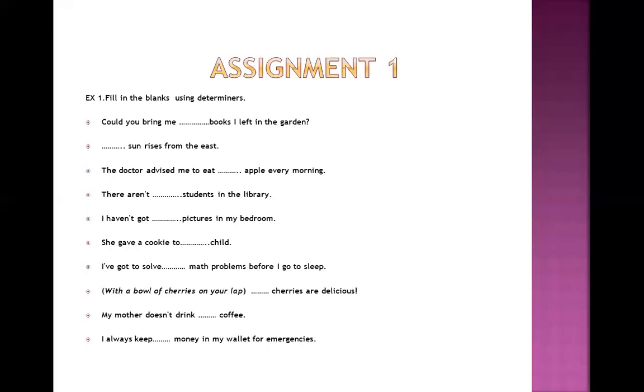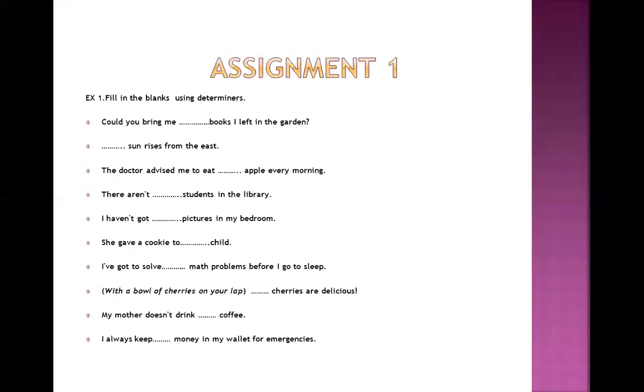Specific determiners are used in a noun phrase to indicate specific people or things, whereas general determiners are used to talk about people or things in general or in an indefinite way. There are six kinds of determiners: articles, demonstrative, possessive, distributive, interrogative, and quantifiers.